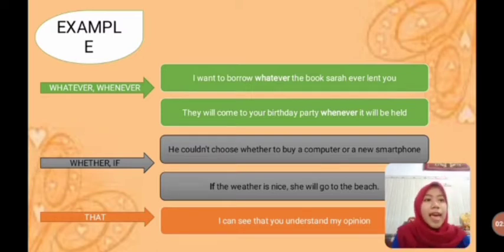And the last connector is that, and the example is, I can see that you understand my opinion. Okay, next slide.